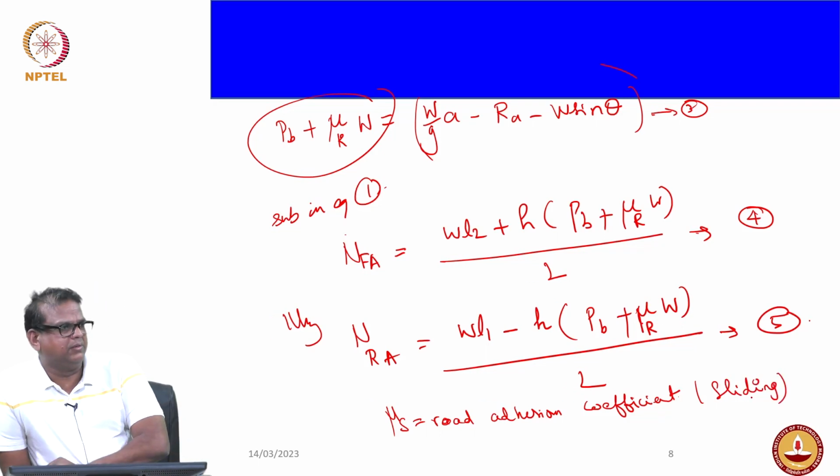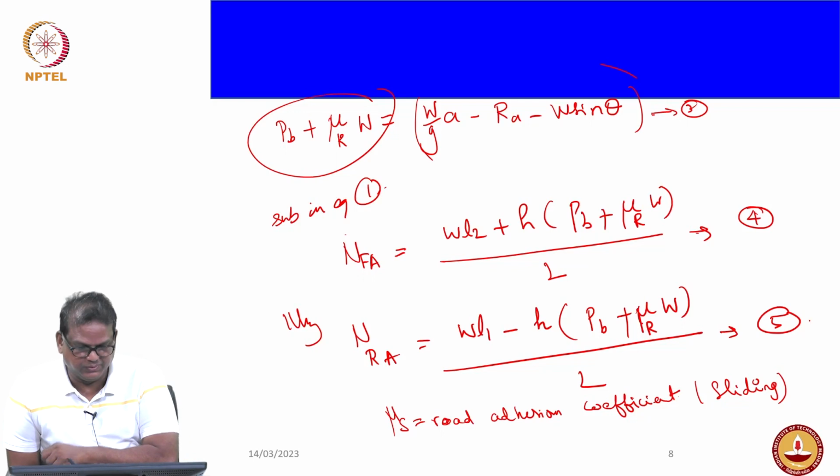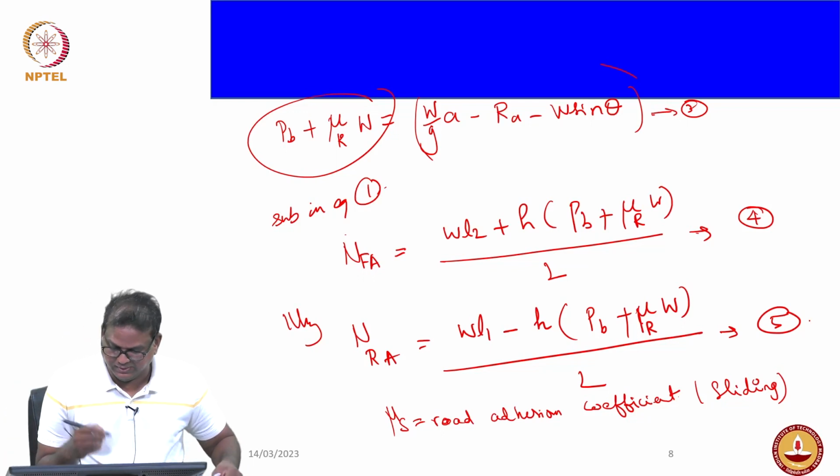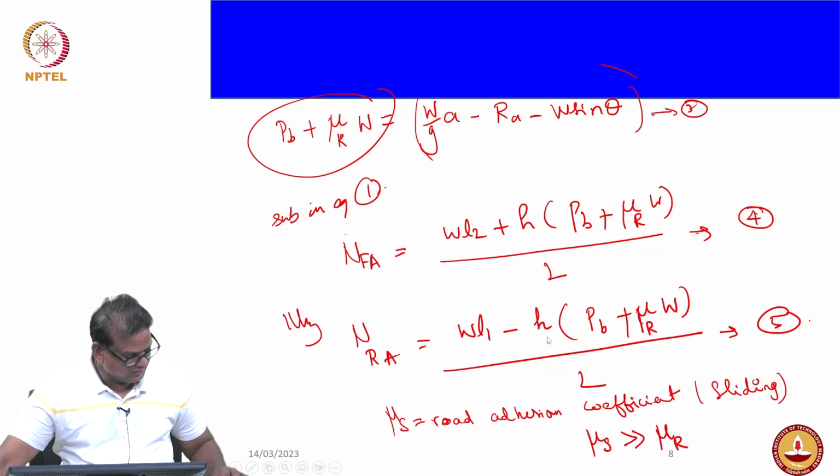Let me ask a question: which resistance is more, sliding resistance or rolling resistance? Sliding, usually the sliding resistance will be more. It is obvious that at any given time your mu S is much greater than your mu R.